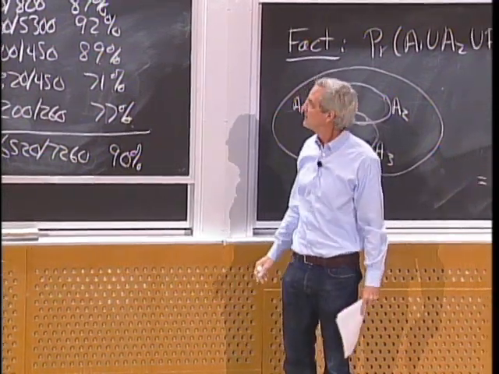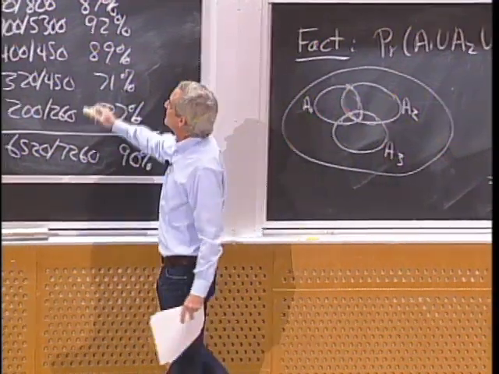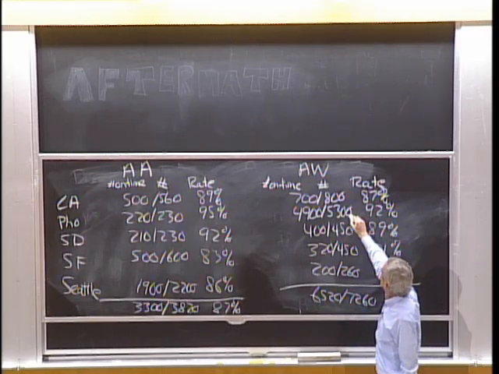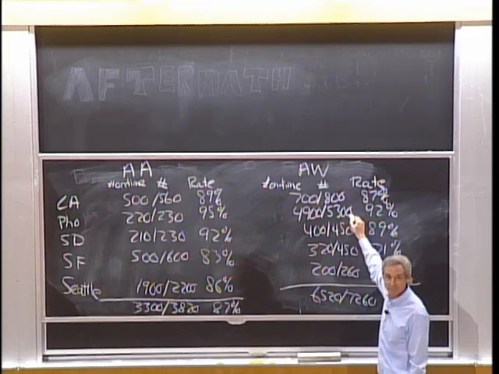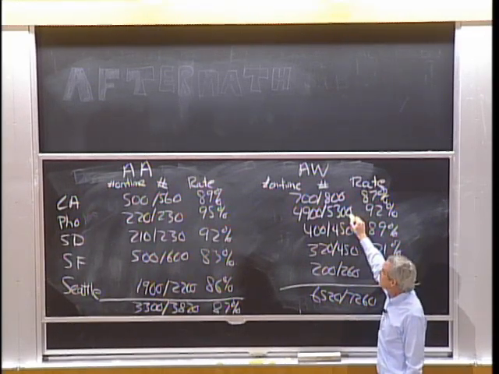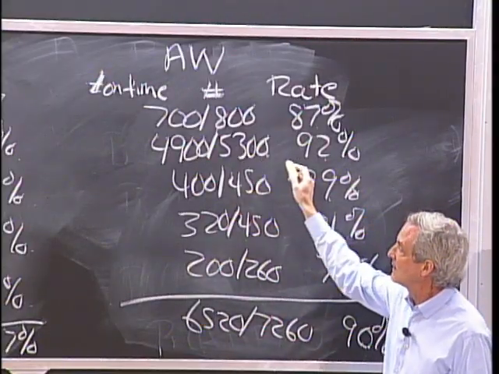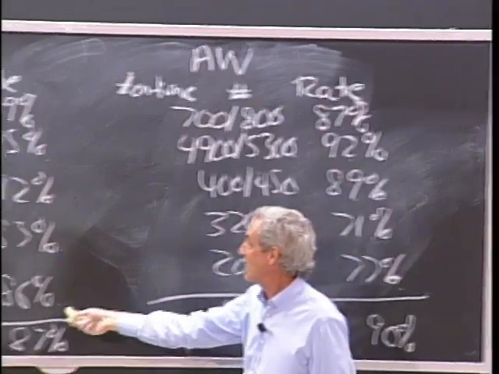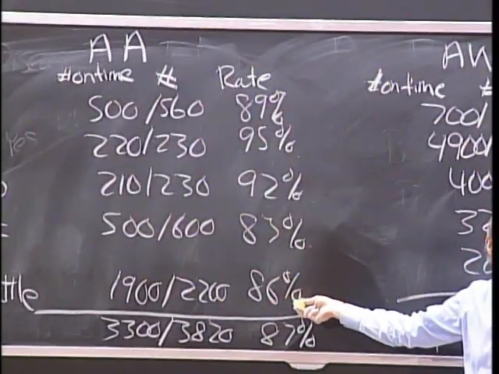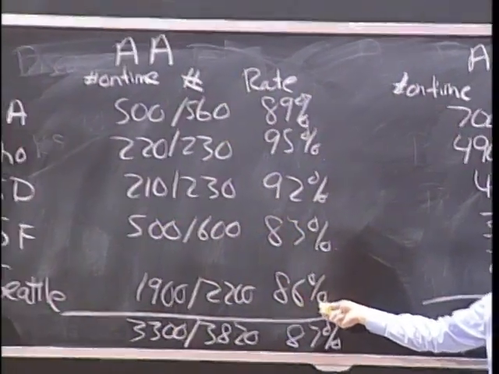The weighting. In fact, America West flies out of Phoenix, where the weather is great. So you get a higher on-time rate in a good weather city, and they got most of their flights there. American Airlines got a lot of flights in Seattle, where the weather is bad, and you're always delayed.